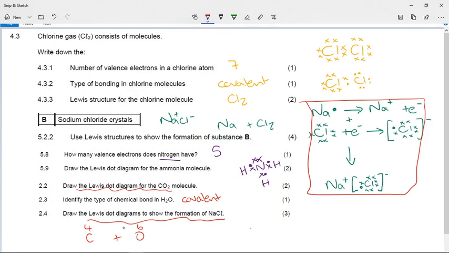So if we start with drawing the carbon, and we draw the carbon's electrons, carbon's 1, 2, 3, 4 electrons, 1 on each corner. And then we come with the oxygen, and if we drew an oxygen by itself, it would be 2, 4, 5, 6. There are my 6 valence electrons there.